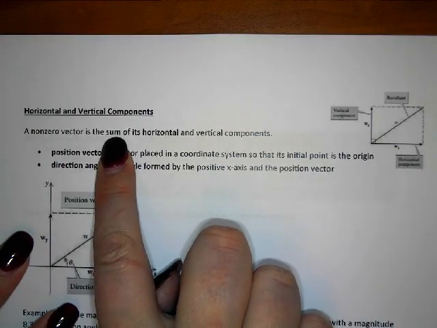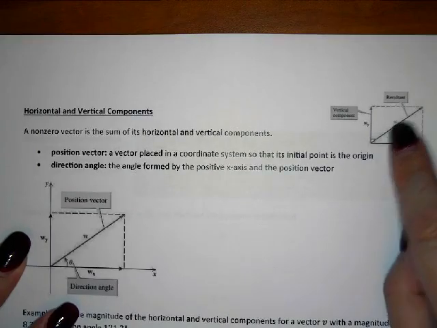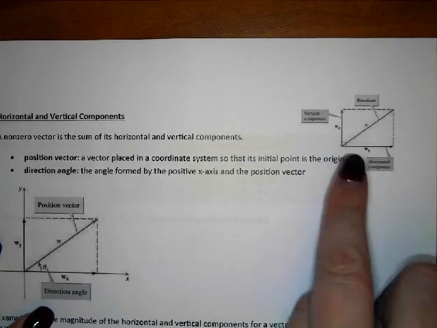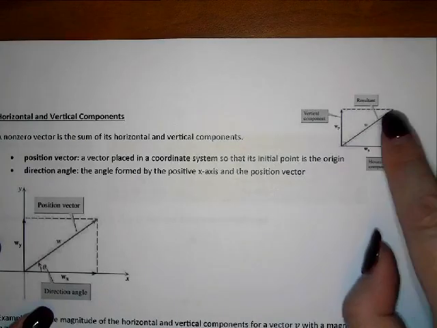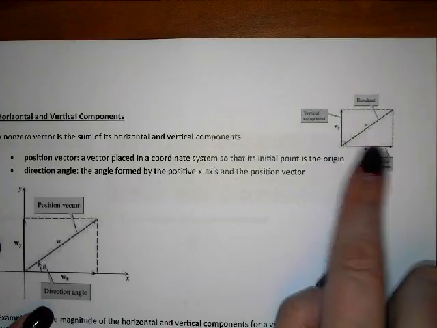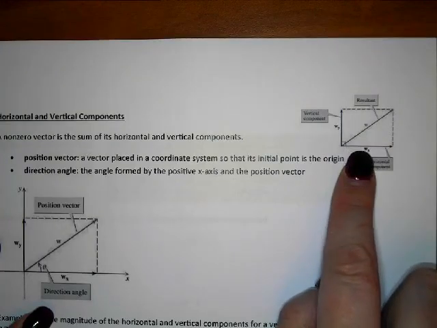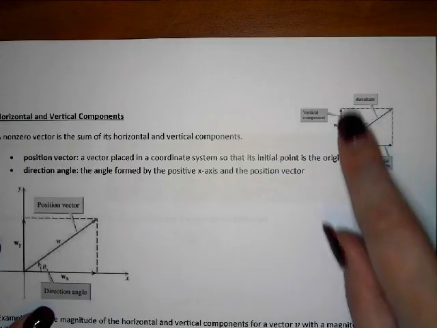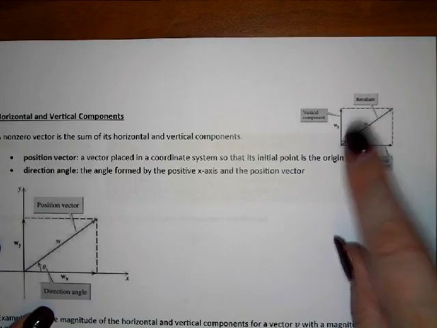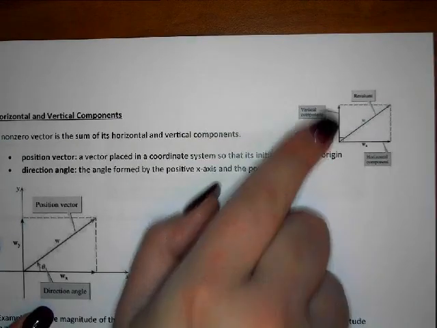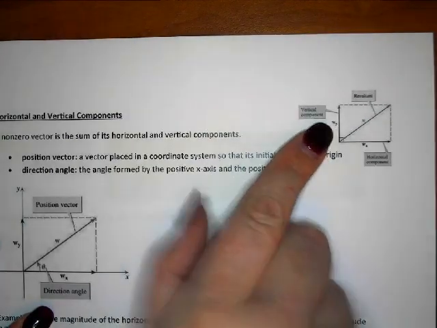So if we have this vector here, you could have a perfectly horizontal vector, you could call that wx, and you could have a perfectly vertical vector, you could call that wy, and if you were to add that perfectly horizontal vector and perfectly vertical vector together, you'd end up with this diagonal vector.